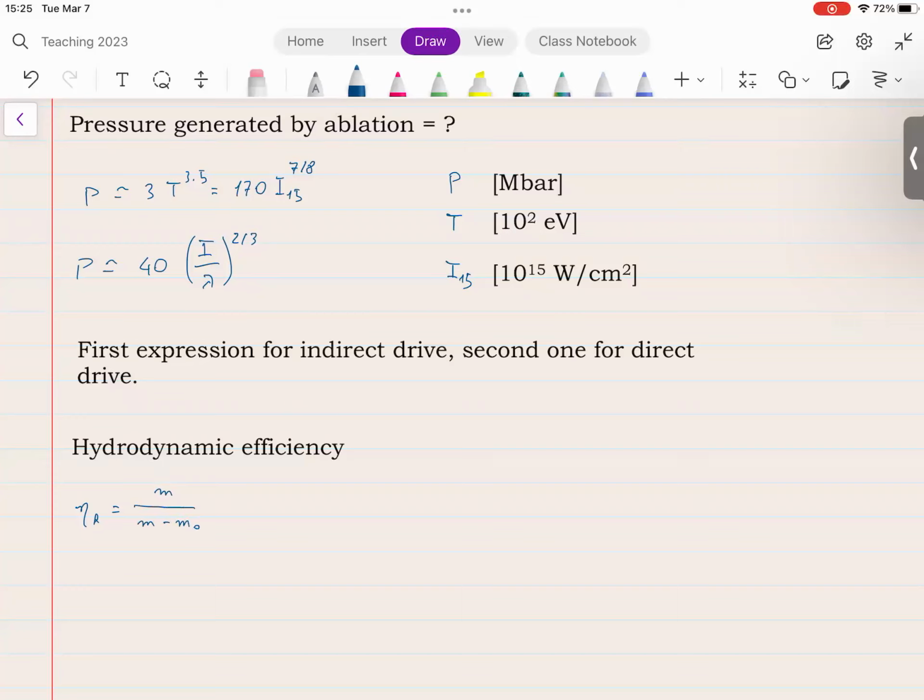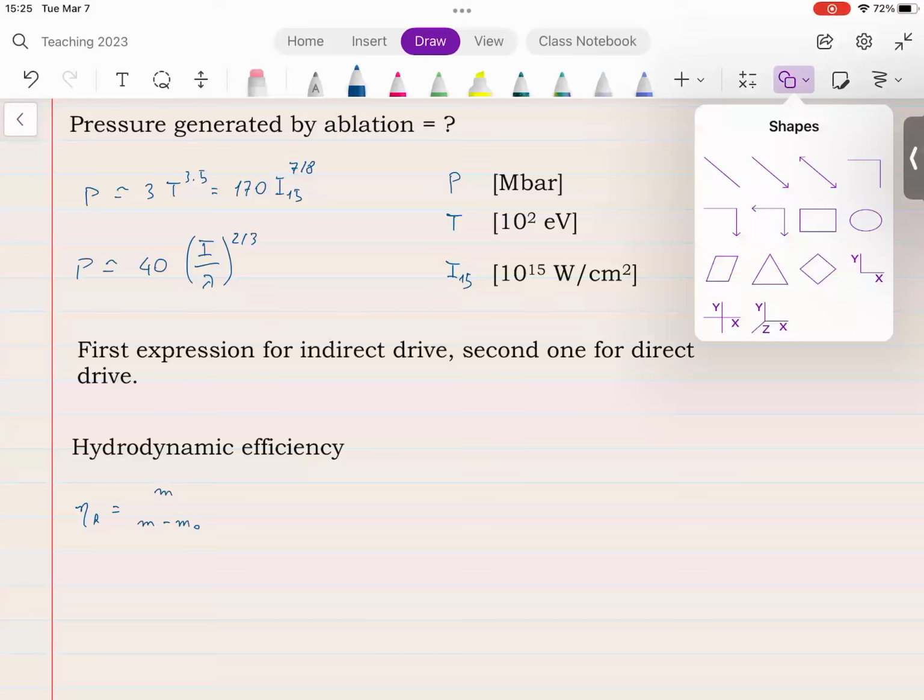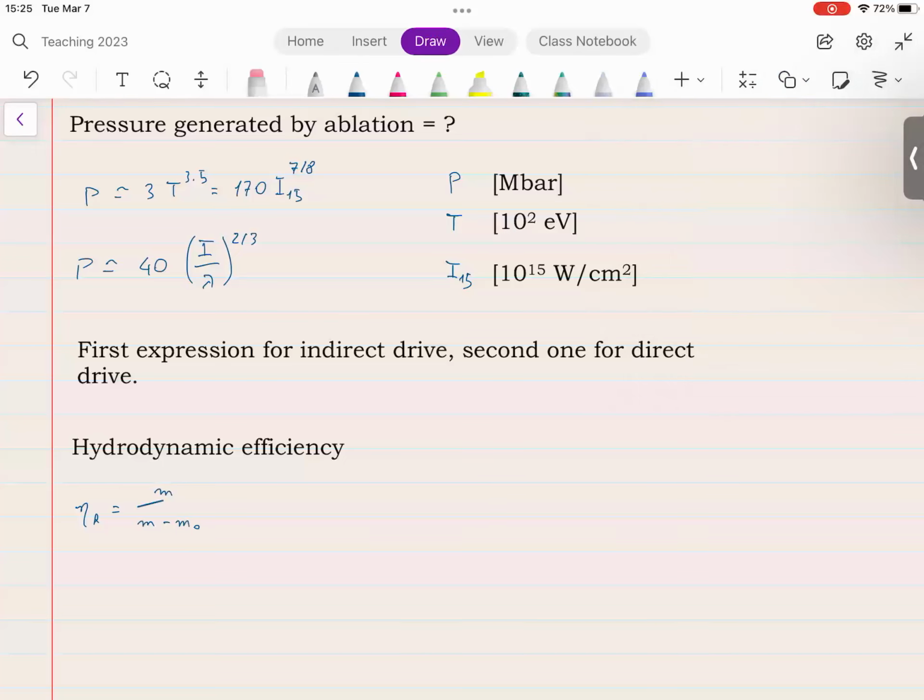It's going to be equal to m divided by m0 times the log square of m over m0.